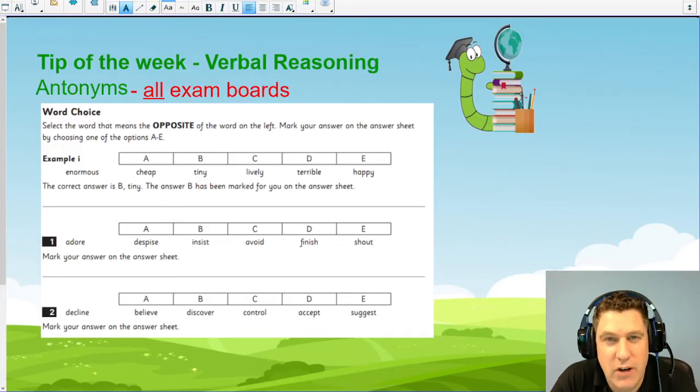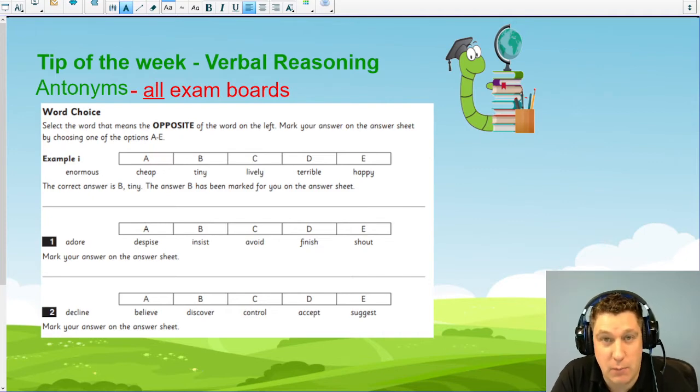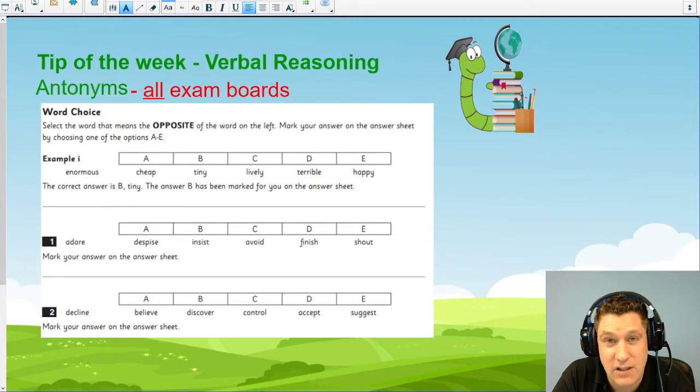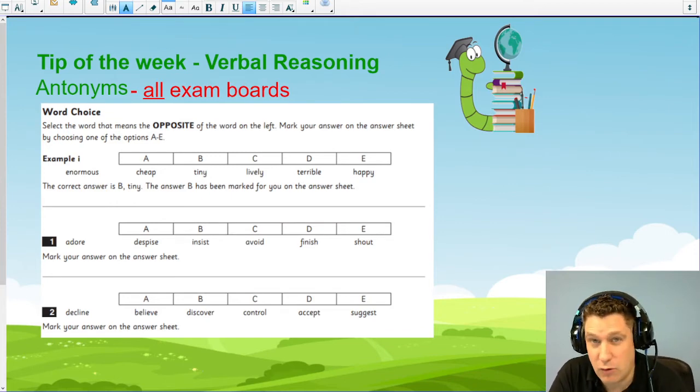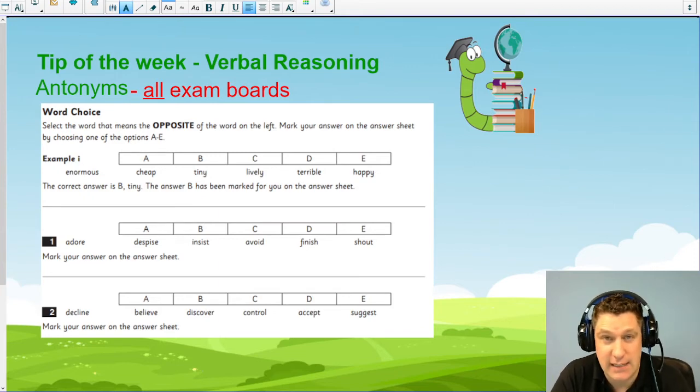This week we're going to be focusing on a very popular verbal reasoning question type, which is antonyms, or more commonly known as opposites. We know that antonyms can appear across all of the different exam boards. They could appear in a GL assessment exam, under verbal reasoning, or also in questions within comprehensions.